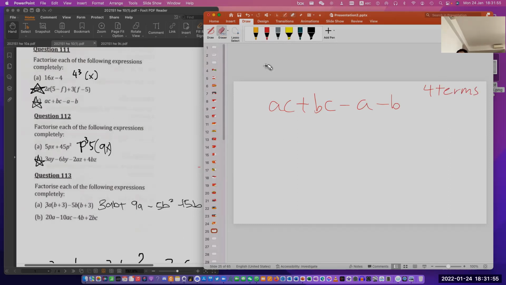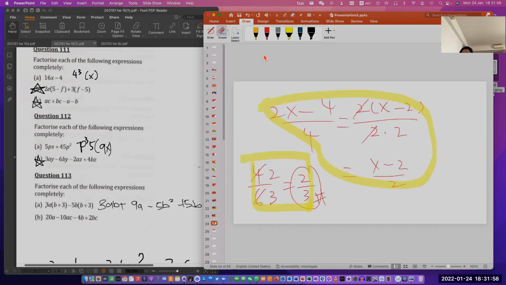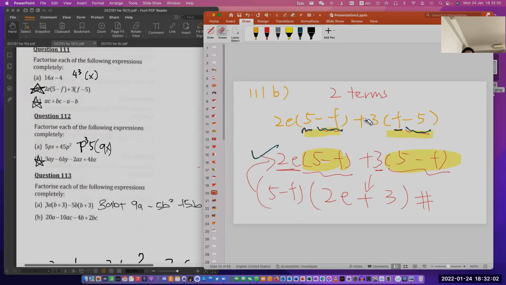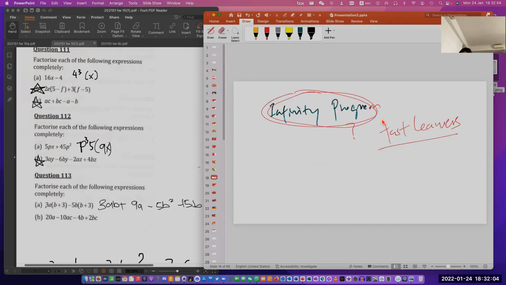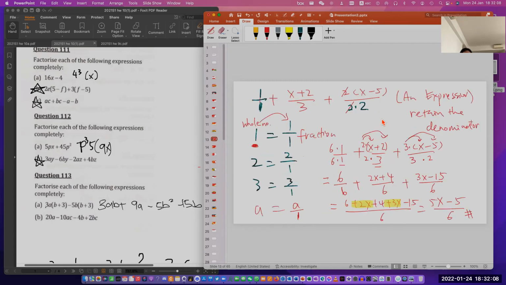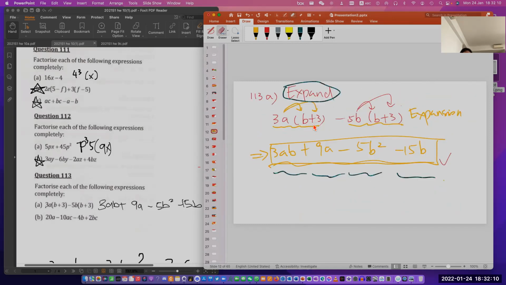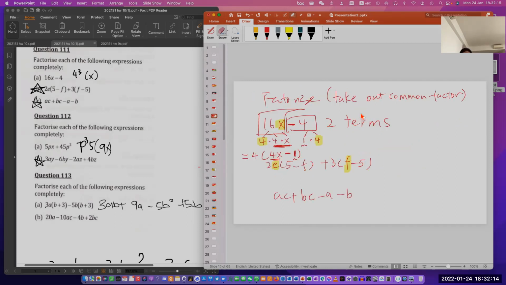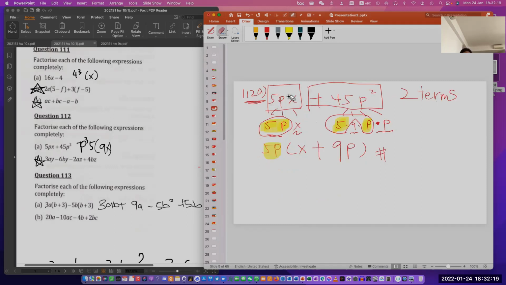So far we have dealt with 2 terms, right? This expansion, 2 terms, first and second. Then 2 terms, 16x minus 4. This is 2 terms, 5px, then plus 45p squared.